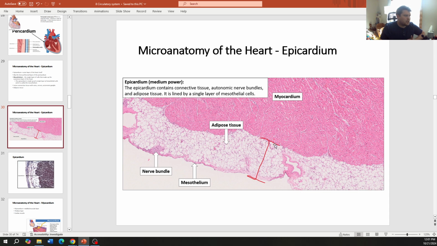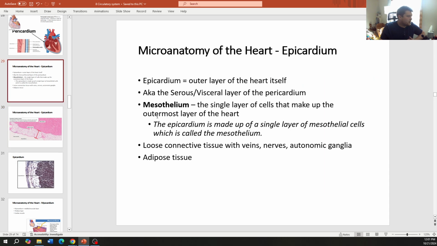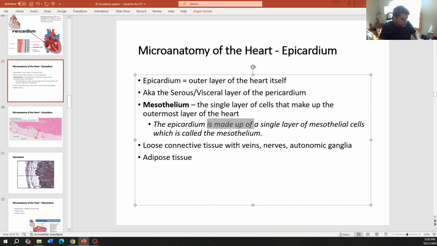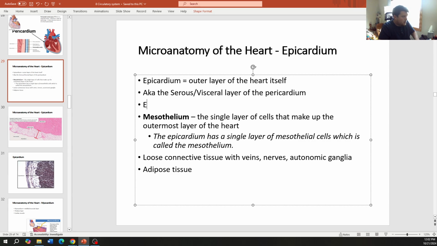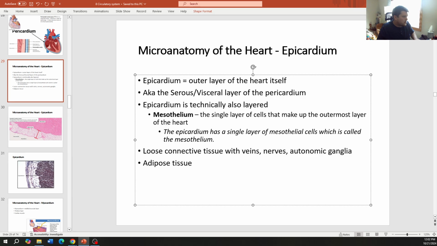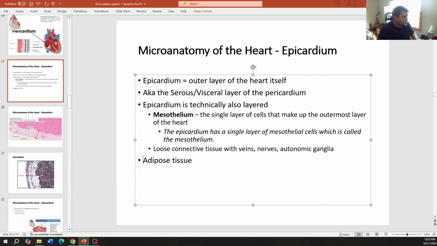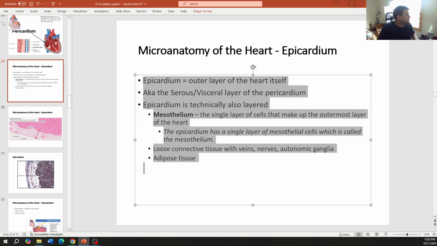The epicardium is technically also layered: mesothelium, loose connective tissue, and then adipose.